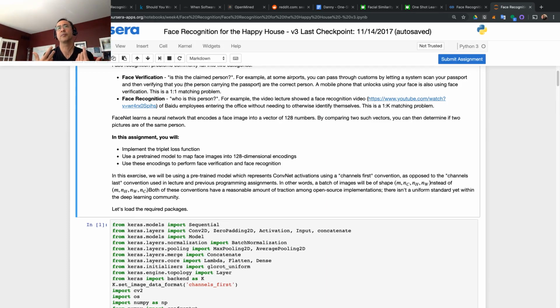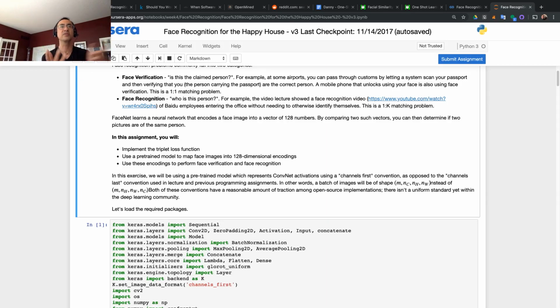But there's a more advanced function. It's called triplet because it has three components. The anchor is the base image that you want to compare from. Then the negative is the face or picture of a person that is not supposed to be there, not supposed to be verified or recognized.